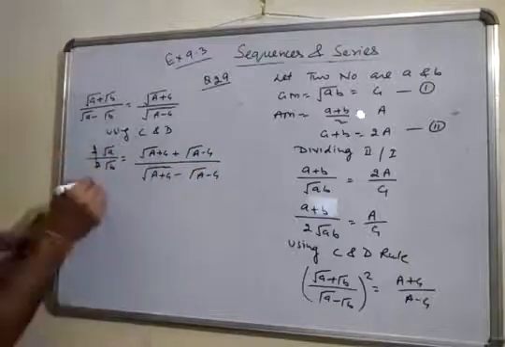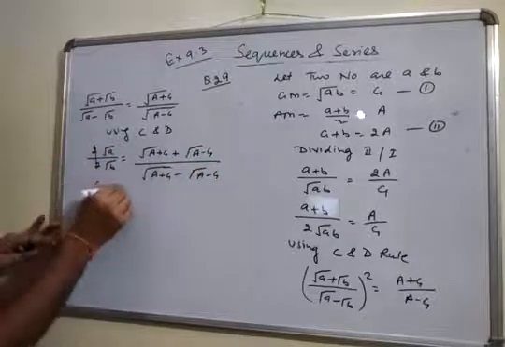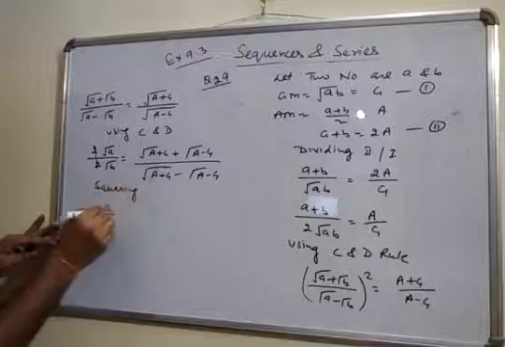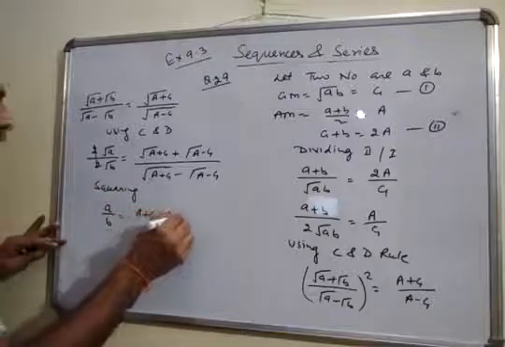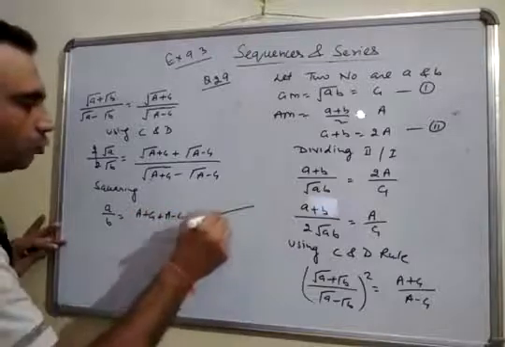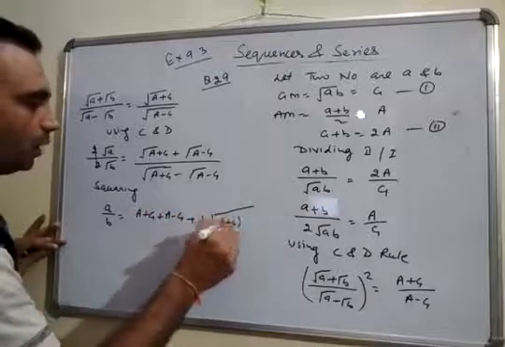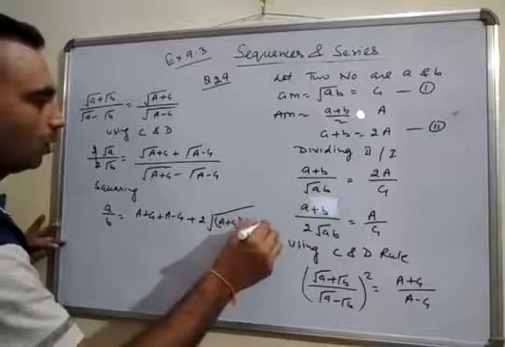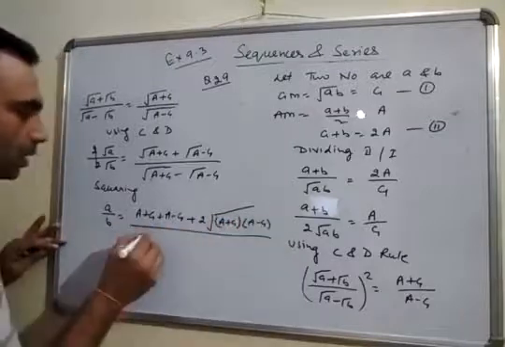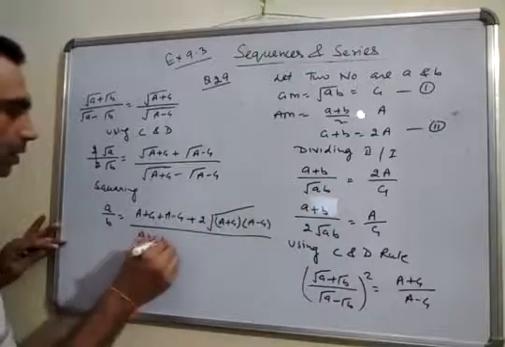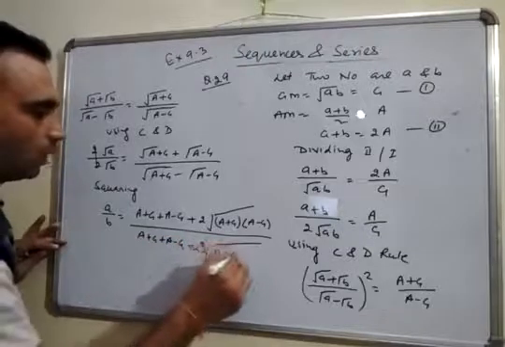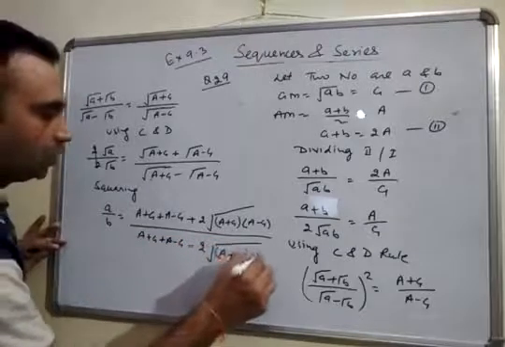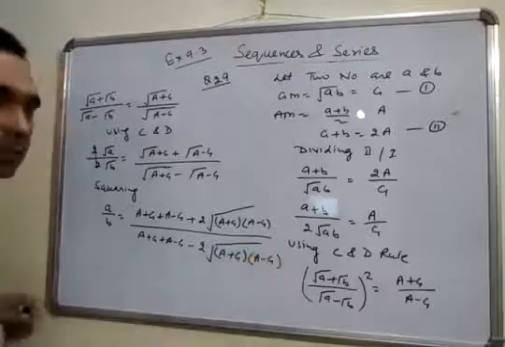Squaring both sides, A upon B is equal to (A plus G plus A minus G plus twice of under root (A plus G) into (A minus G)) upon (A plus G plus A minus G minus twice of under root (A plus G) and (A minus G)).